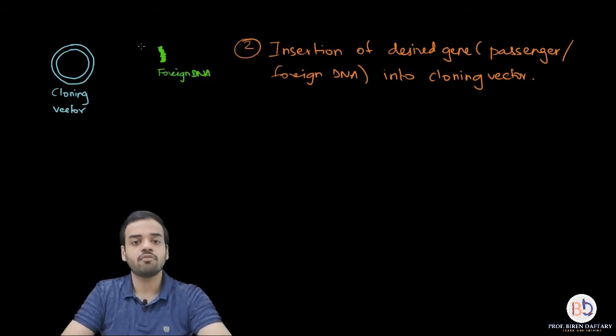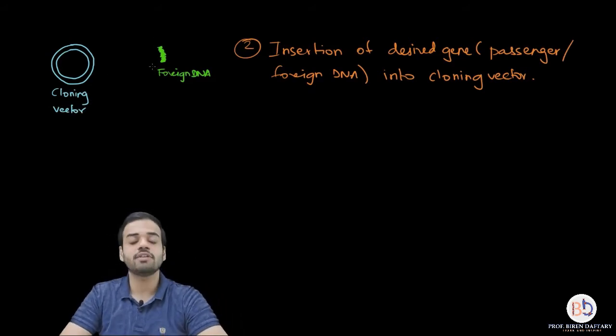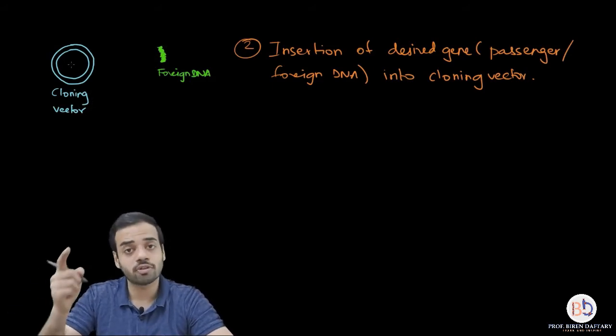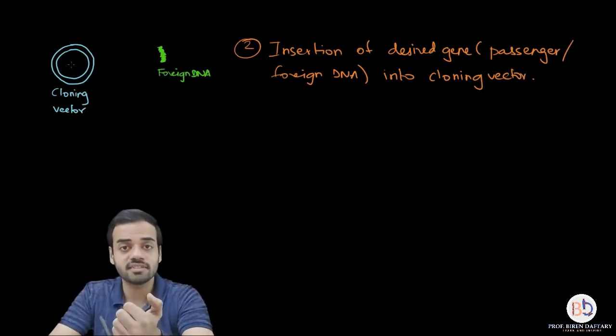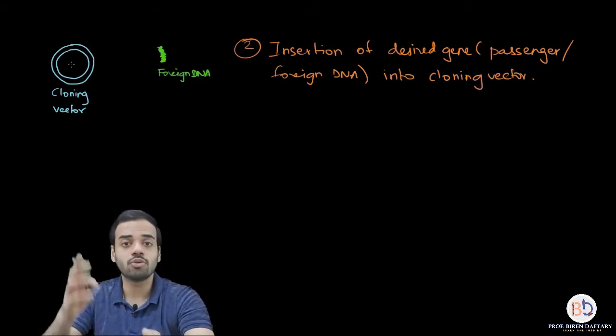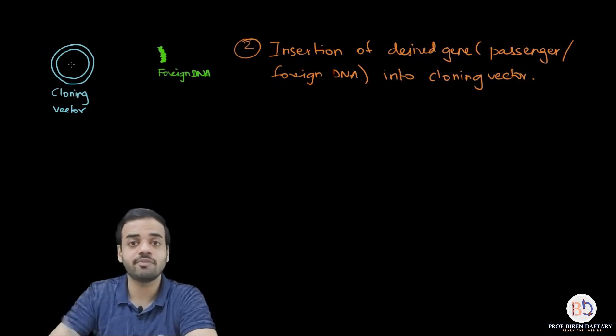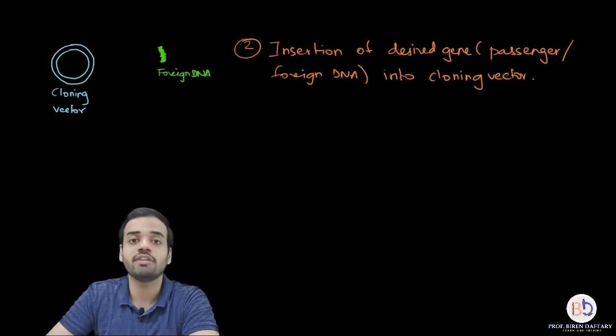If I want to insert this foreign DNA, or passenger DNA, into the cloning vector, what will I have to do? I had told you this: the same restriction enzyme that we used to cut the original DNA in the first step, we will use to cut the cloning vector.